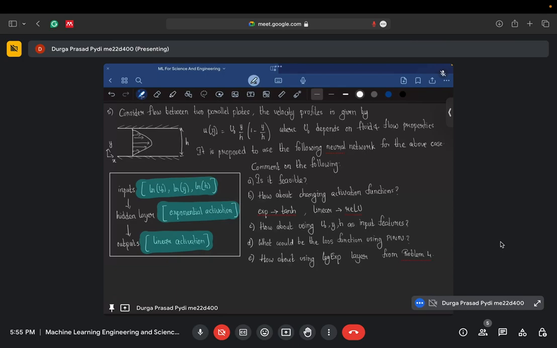You can do du dy and see if this comes out to be purely a function of u, so you should eliminate y from this. Then you do d square u dy square, up to whatever limits you have, and finally eliminate y from your equation using these particular values. Then you get your differential equation, and you use that in your PINN. That is a straightforward one, so I don't want to go much into that.